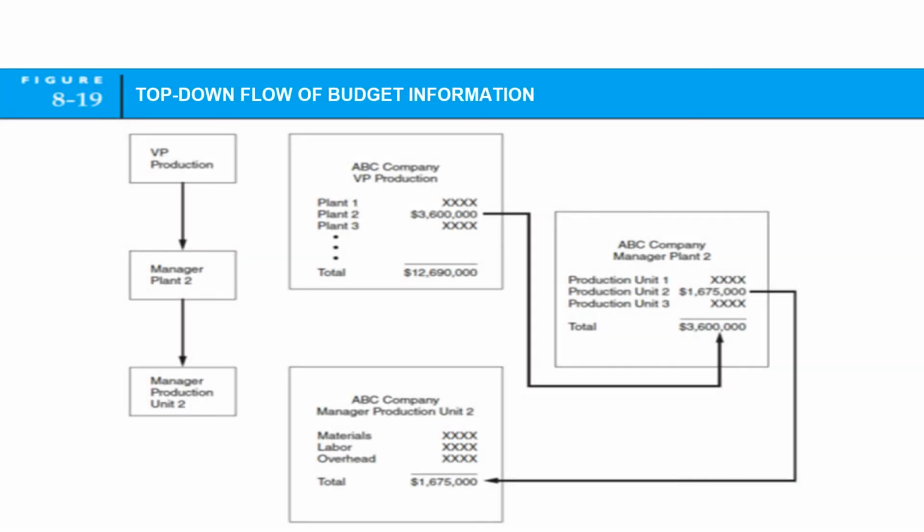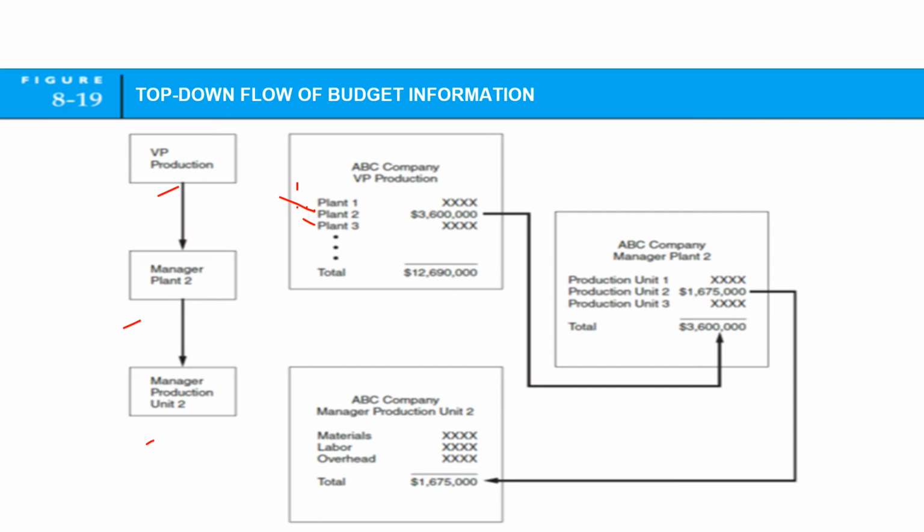This figure gives a good example of top-down flow of budget information. We have three levels of management here: the production manager, the manager of plant 2, and, since we have three plants in this ABC company, the manager at the production unit level.